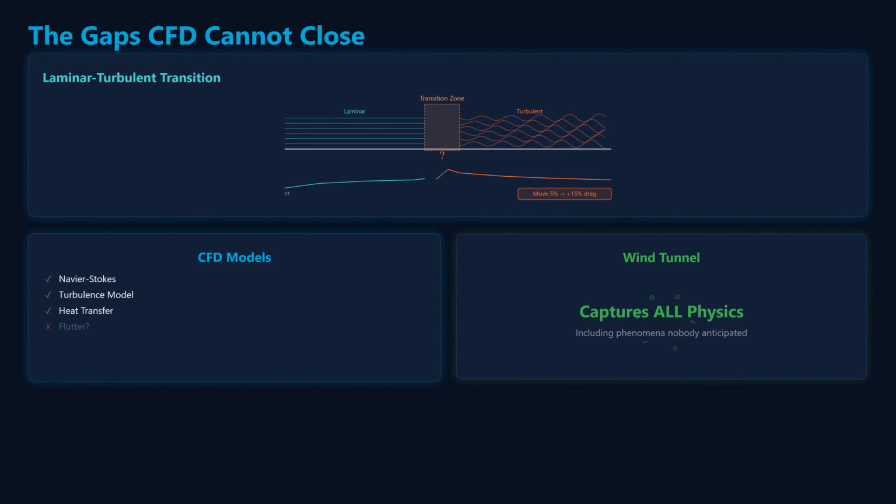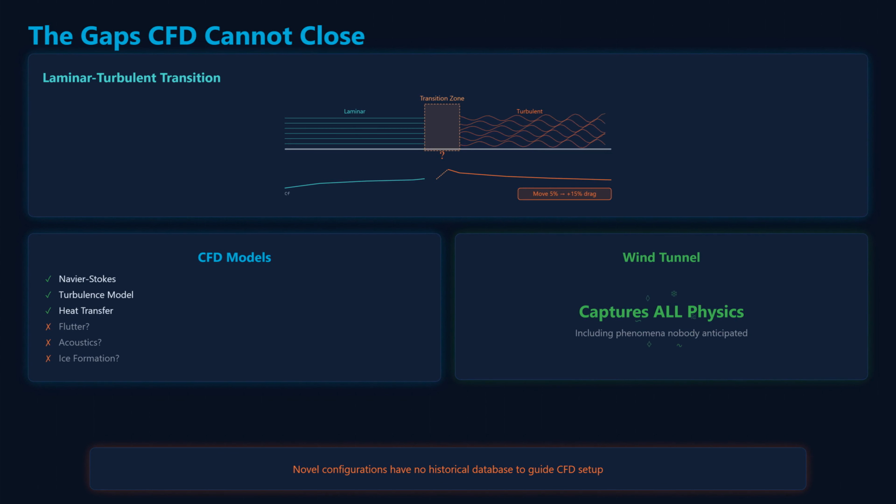Two more problems that keep wind tunnels relevant. First, laminar-turbulent transition. Predicting where flow transitions depends on surface roughness, free stream turbulence, pressure gradients, and instability mechanisms that interact in ways we don't fully understand. Wind tunnels capture it naturally. CFD needs explicit transition models like gamma Re theta, which are empirical correlations, not first principles.